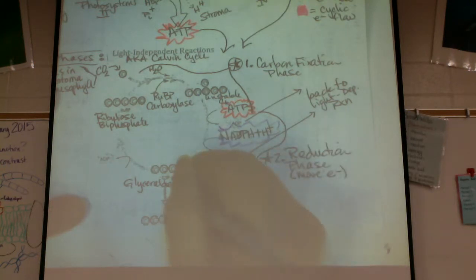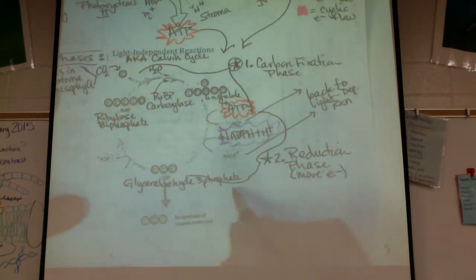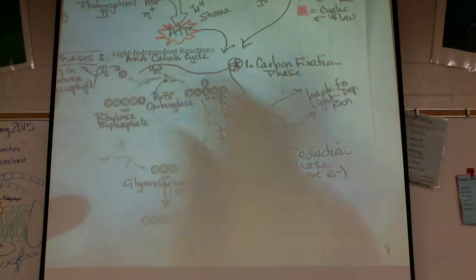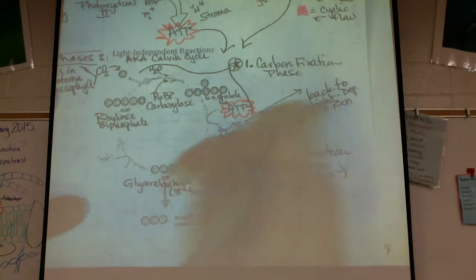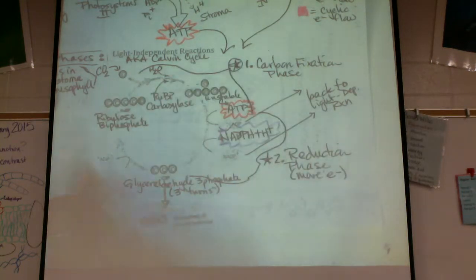To be able to make this G3P, it's actually going to take 3 turns of this visual that you see right here, because you only have 1. You've got to do it 3 times.